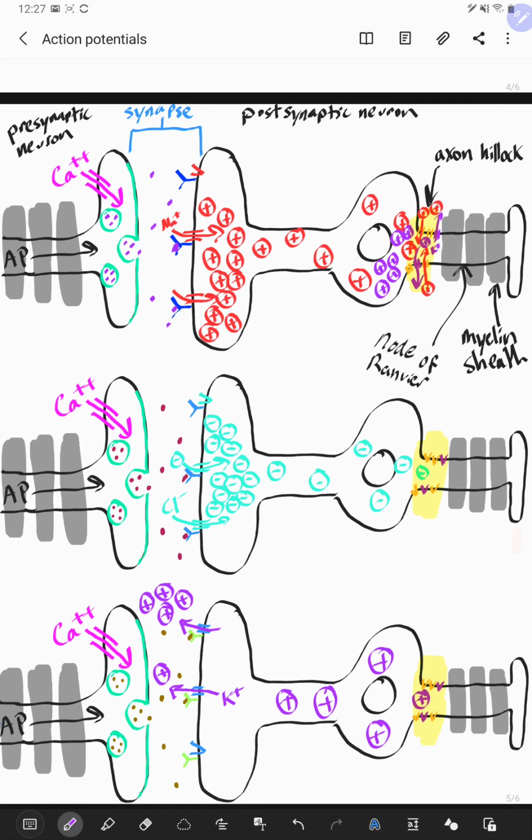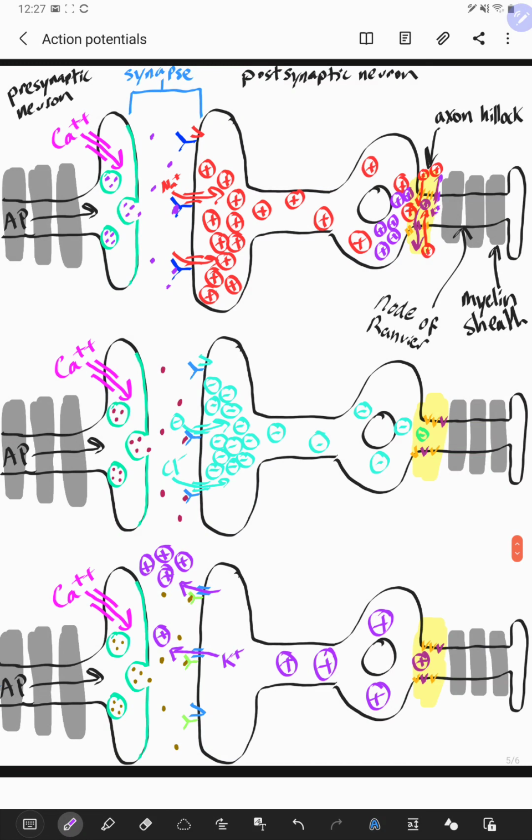But the other way the cell could become more negative is if positive charges leave the cell. Now the cell is becoming less positive, which is the same as saying it's becoming more negative.